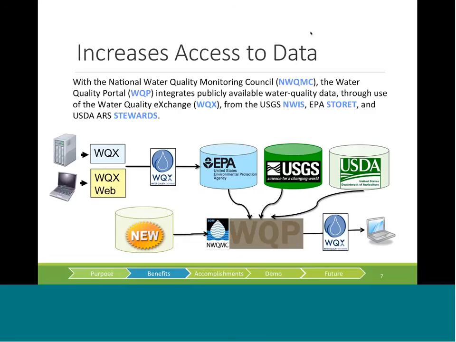All that information feeds into the water quality portal and is then fed out to the public, again using the Water Quality Exchange WQX standard, through the portal services. And the portal is architected such that additional data sources, other large federal data sets, for example, one we are working on is NOAA, can be added to the portal as well.